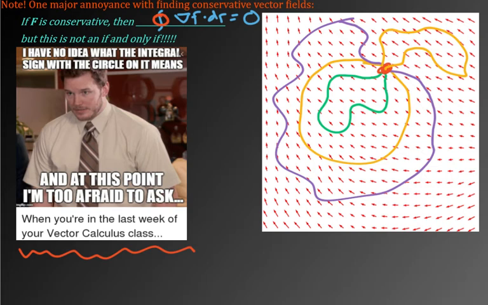You guys are lucky because we're doing this much earlier than the last week of vector calculus class normally would be. A lot of times your professor will just throw this symbol out there and start talking about it like everyone knows it, but no one knows what it is. All it is, an integral with a little circle, is saying just think of it as an integral around a closed loop.